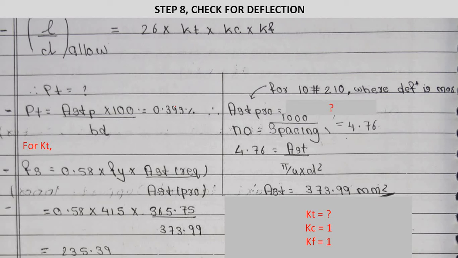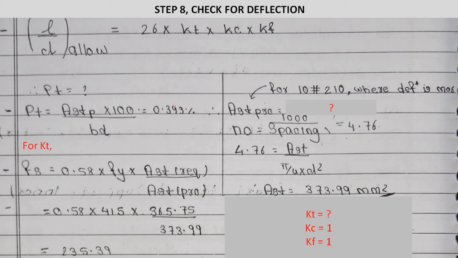Initially, we will do L by D allowable. We will first find the allowable and compare it with the actual. So the first step is to find the allowable deflection.